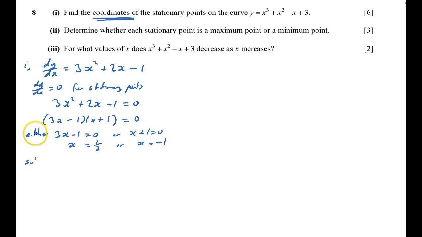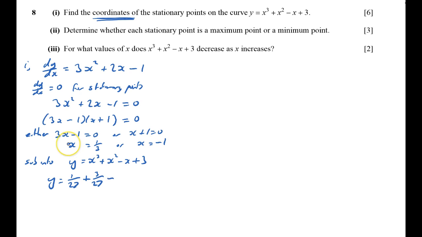And so we need to sub those values into y equals x cubed plus x squared minus x plus 3. So y will equal x cubed, a third cubed is 1 over 27, plus x squared will be a ninth, but since I've got a 27th, I'm going to say a ninth is the same as 3 27ths, because it's going to save me doing some stuff.